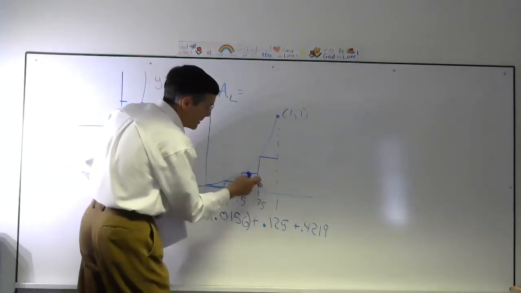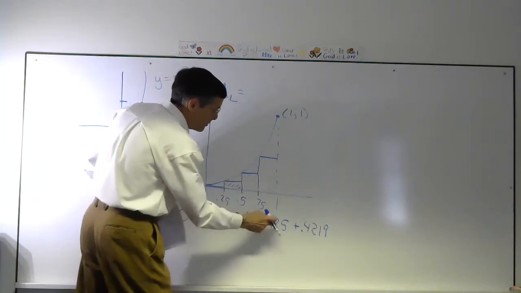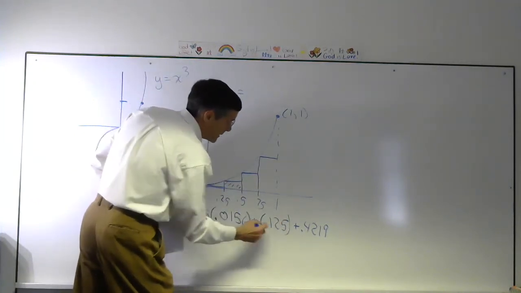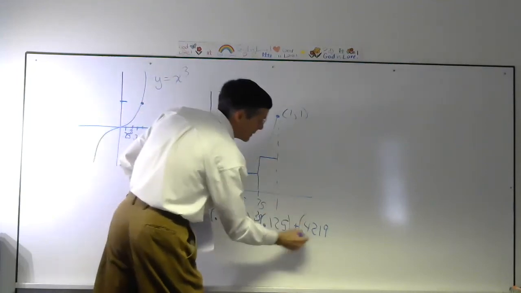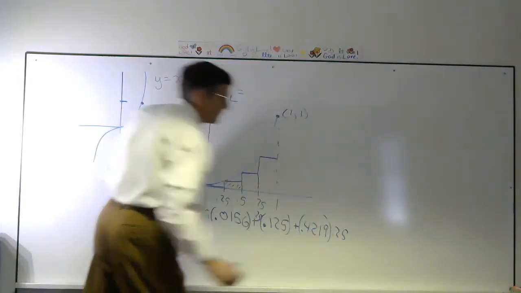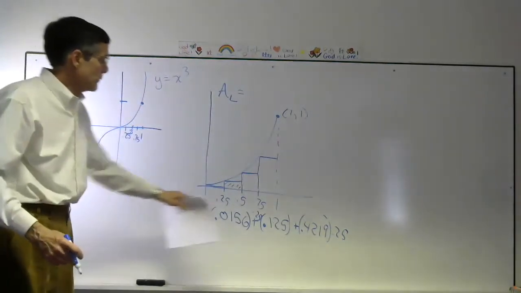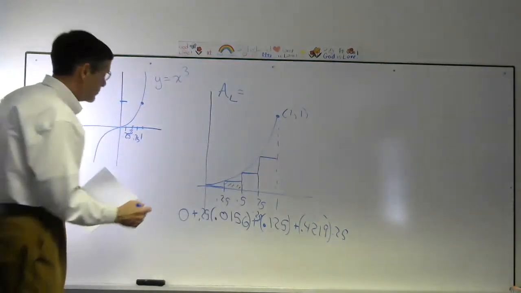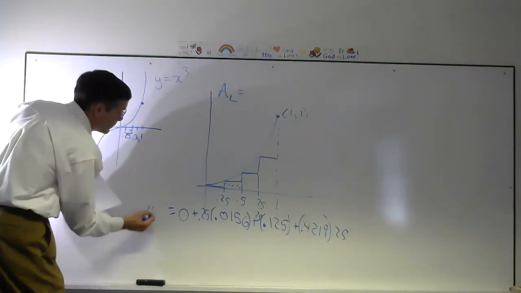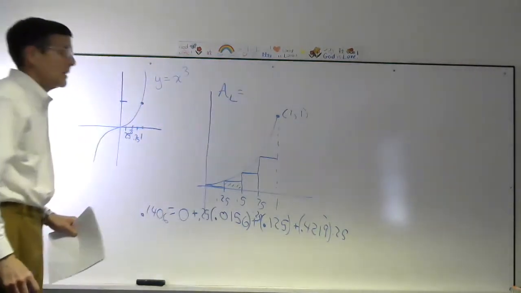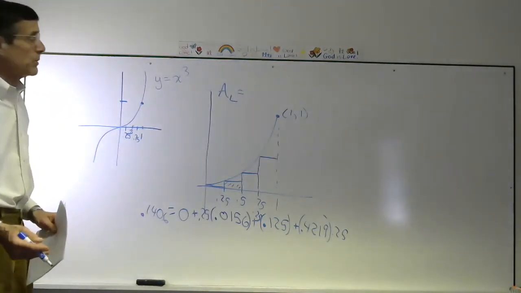For this one, the height is 0.125, and I've got to take it times 0.25 to get the area. And for the last one, I have to take that one times 0.25 to get the area. If you do all the math and add all those up, I've done this ahead of time, it is 0.1406.